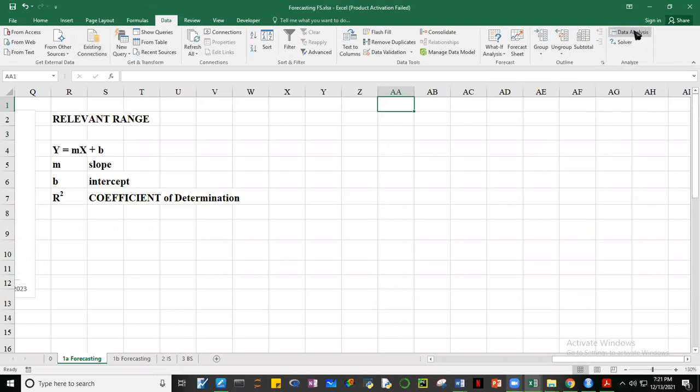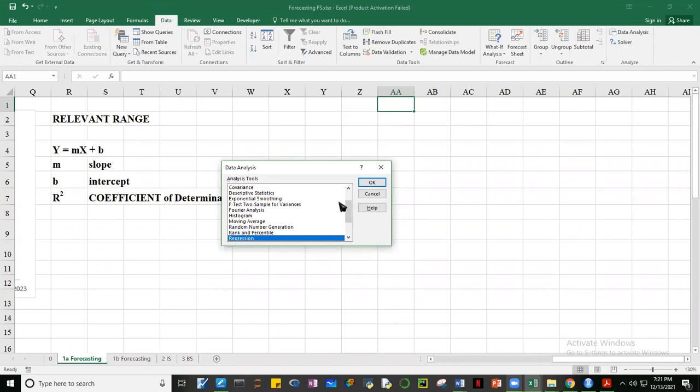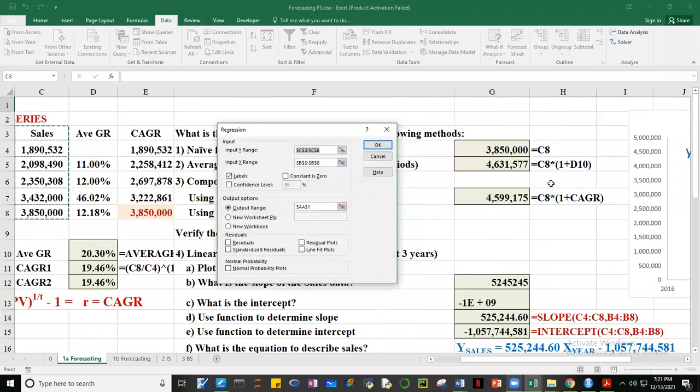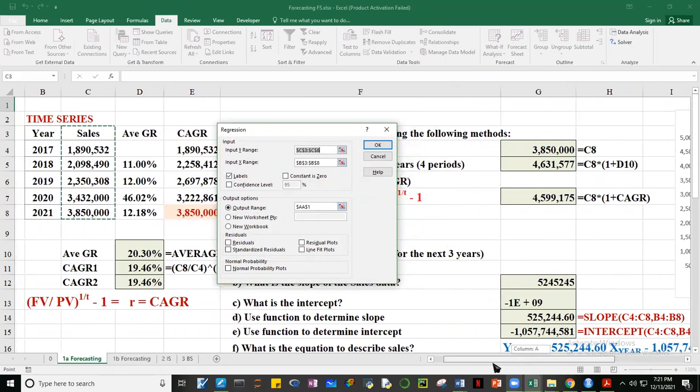So data analysis, and then there are many tools here, like ANOVA, correlation, covariance, descriptive statistics, exponential smoothing. What we're interested in is regression. So let's click regression. Alright. So these are the parameters that are being asked of us.